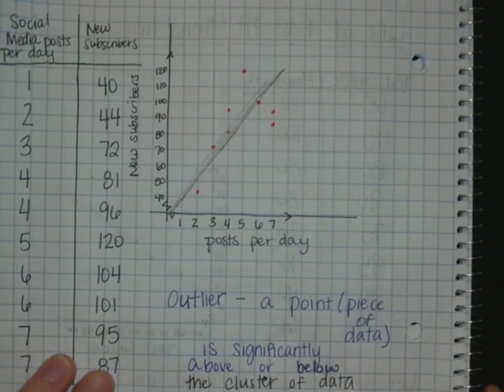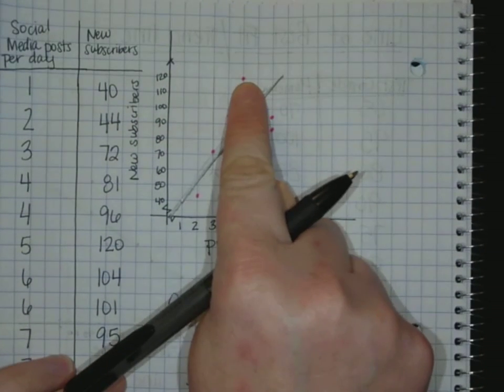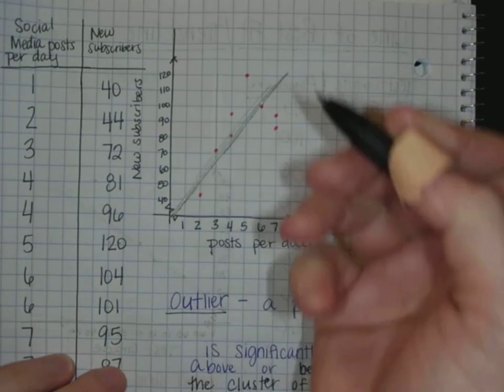So if you notice, this point up here is an outlier.